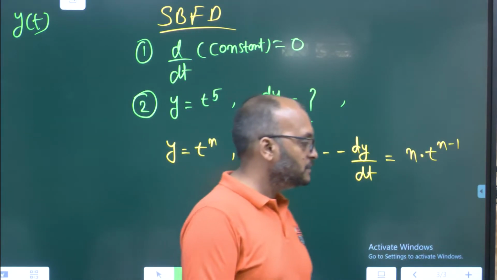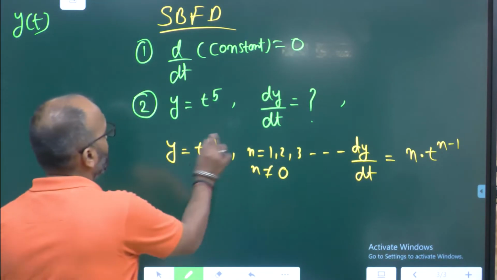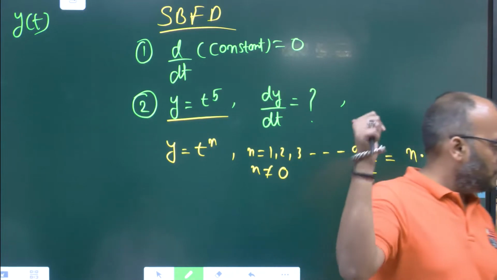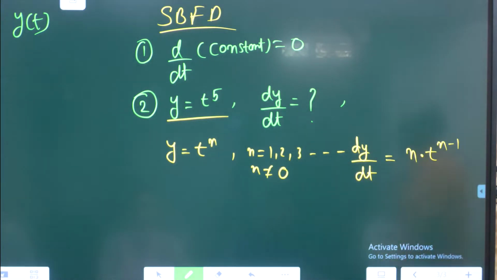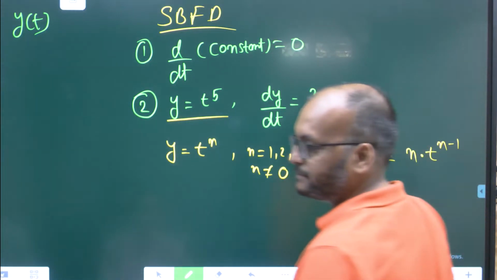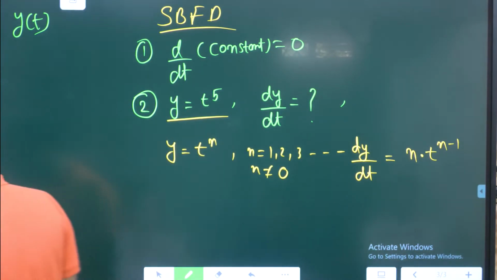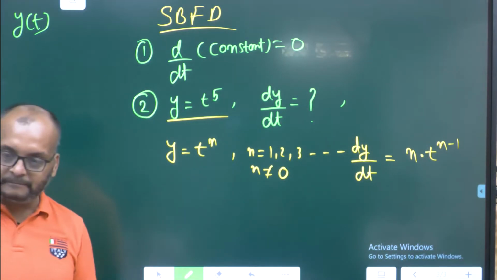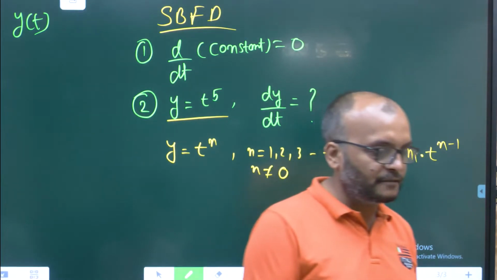Understood? Yes or no? Then tell me what will be the answer of y is equal to t to the power 5? Solve it, Goranshi. Zoya, Shivam.